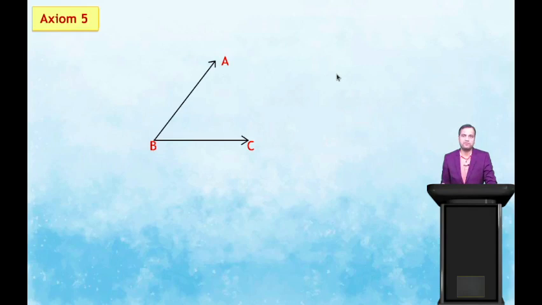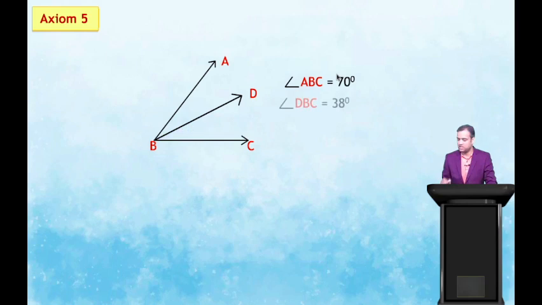We have axiom 5. So this is another angle, 70 degree, and this angle, angle DBC, is 38 degree. So obviously this is the lesser angle and this is the greater angle.